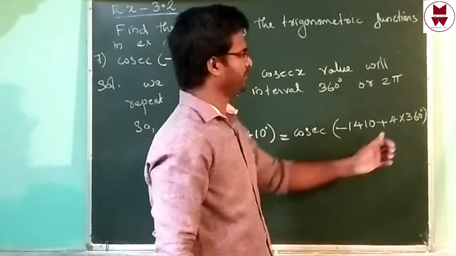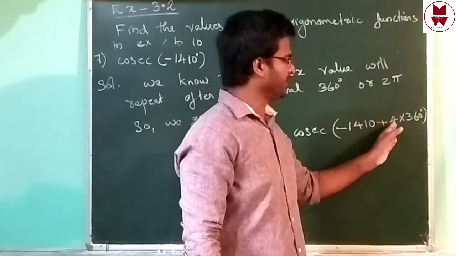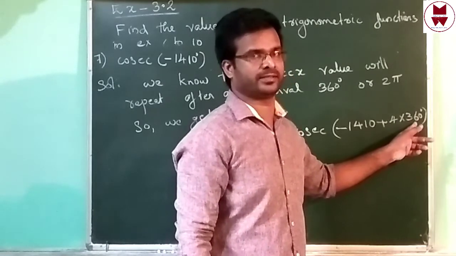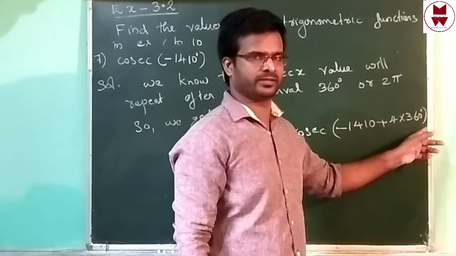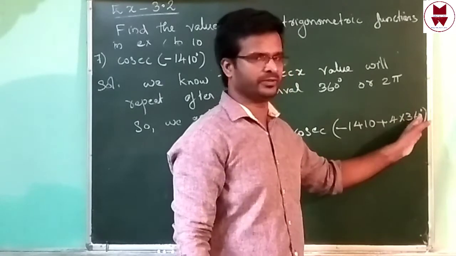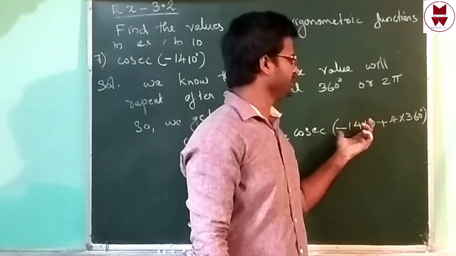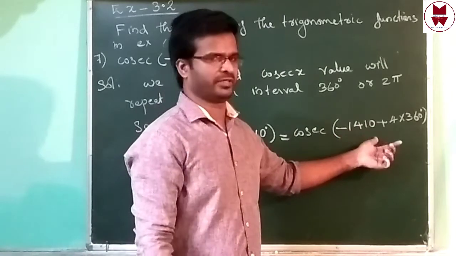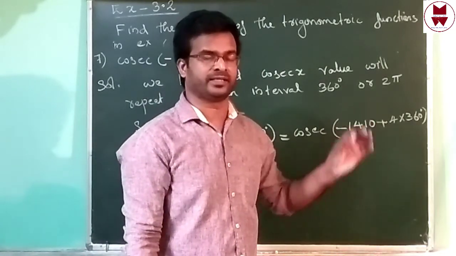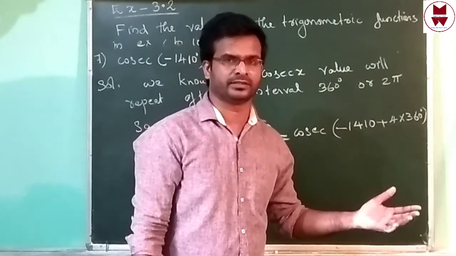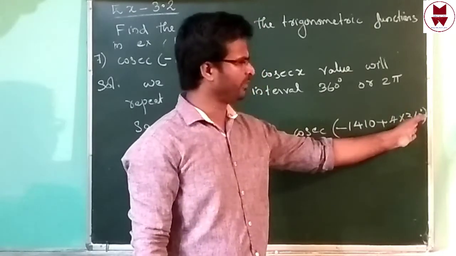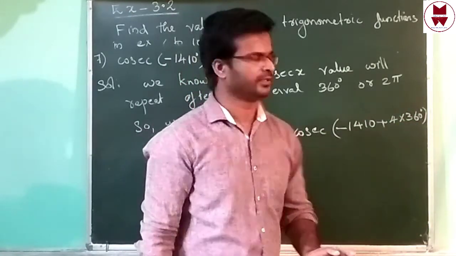You can add any multiple of 360: 5 into 360, no different, otherwise 1 into 360, otherwise 2 into 360. Anything you can add with this number. What is the reason? Because after 360 degree that will repeat, isn't it? That means if you are adding how many 360 also, it does not matter, you will get the same answer.